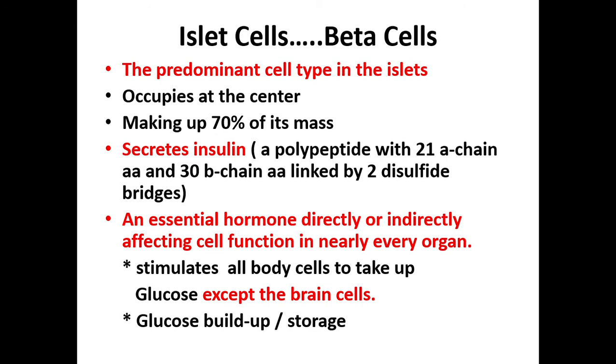Insulin is an essential hormone directly or indirectly affecting cell function in nearly every organ of the body. It stimulates all body cells to take up glucose except the brain cells. So, it is considered a hormone that promotes glucose uptake and storage of glucose in the body.